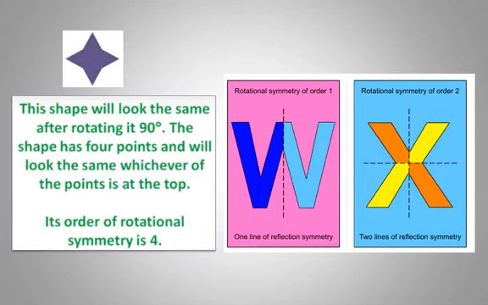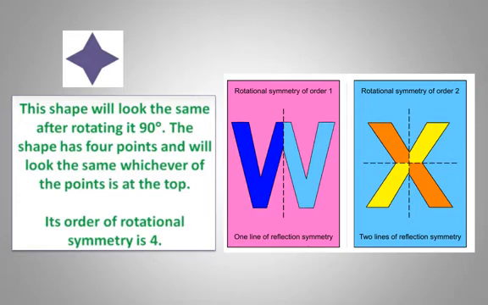Now rotational symmetry of X. First we will discuss the lines of symmetry. It has two lines of symmetry, and it is shown in the picture clearly. So what order of rotational symmetry does it have? It will match two times to its original position.